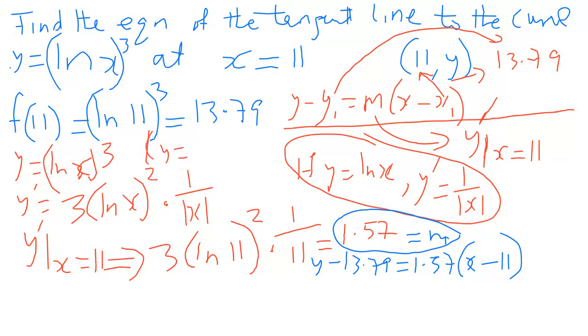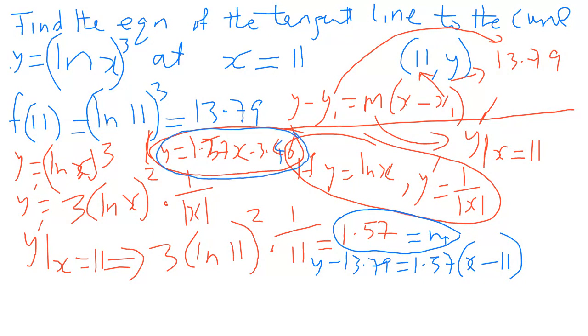Y is equal to 1.57 x minus 3.46. Don't have enough space to write all this here, but this will be my approximate final answer. So that will be my approximate final answer.